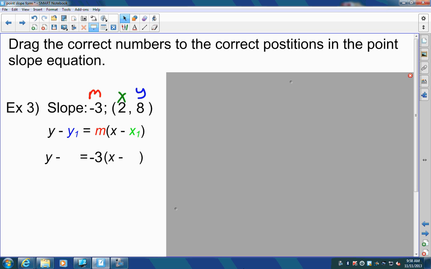My y number, that 8, goes up there in the beginning. And then x1 comes down here. All I do is put those numbers in those positions, substitute it into my problem, and that's my equation. This is point slope form. Now, there's a reason why we do it, and I'm gonna let you see in just a few minutes why that is.